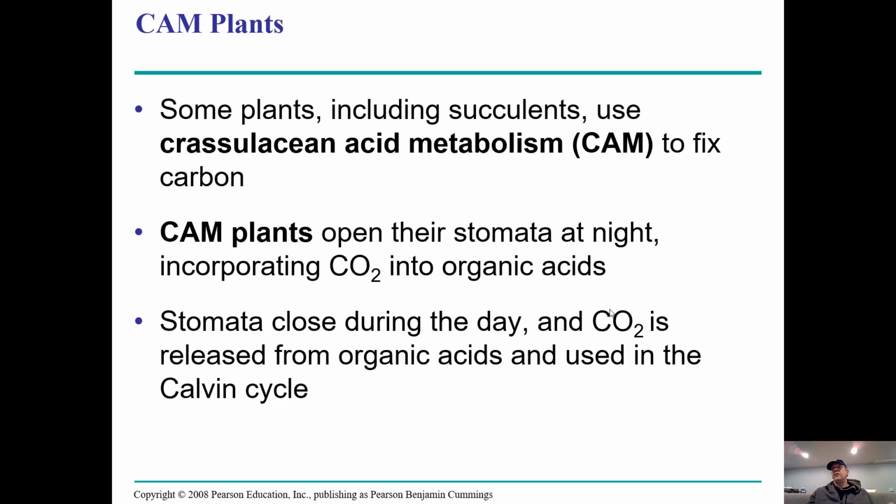During the day, it closes it up. So water is not going to leave the plant. Carbon dioxide won't either, right? Well, the oxygen, but ultimately you'll get a buildup of oxygen that's problematic.